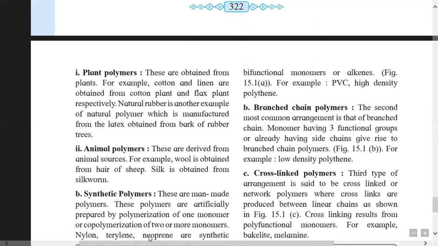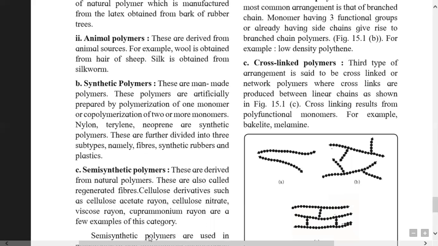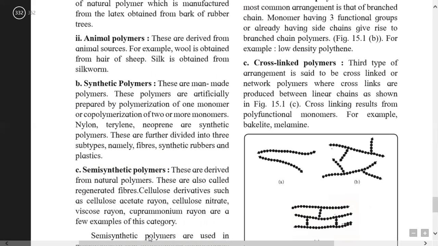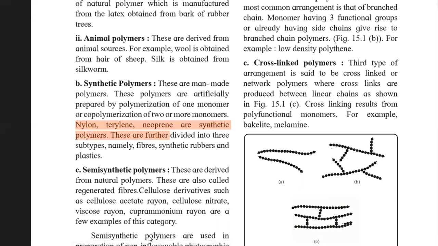The second type is synthetic polymers. These are also called man-made polymers. These are artificially prepared by polymerization of one monomer or by copolymerization of two or more monomers. Examples of synthetic polymers are nylon, terylene, neoprene.